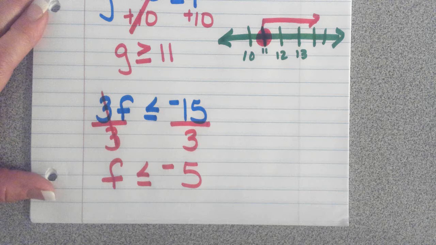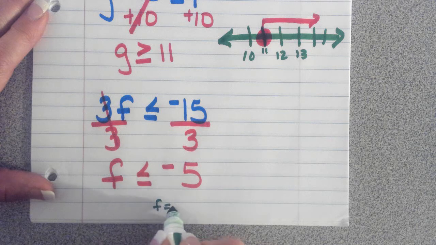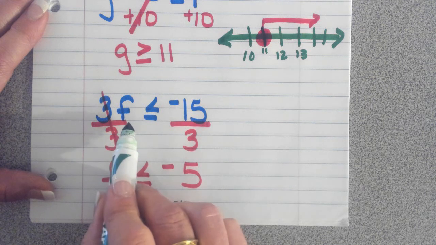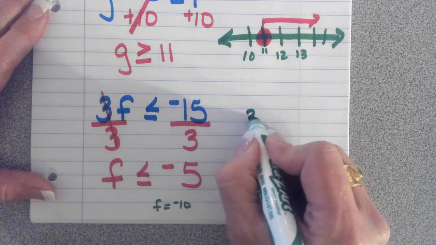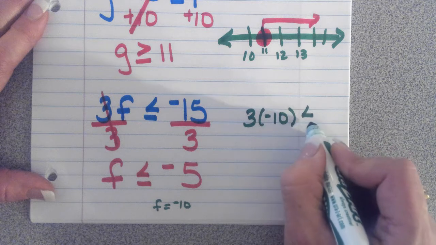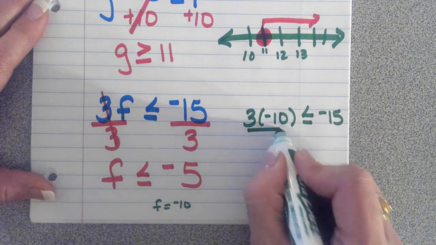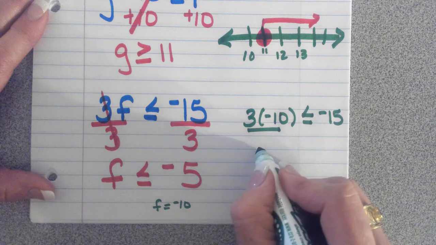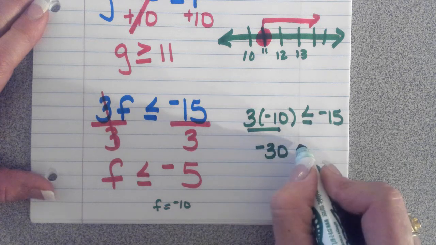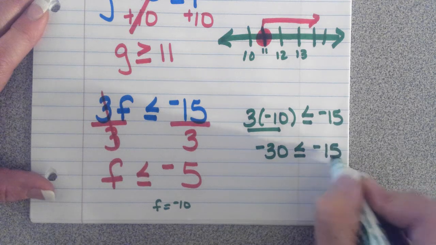Let's think of a number less than negative 5. How about negative 10? I'm going to make f equal to negative 10, and plug that number into my f up here. So, just to check it, 3 times negative 10 should be less than or equal to negative 15. What is 3 times negative 10? Negative 30. Is negative 30 less than or equal to negative 15?